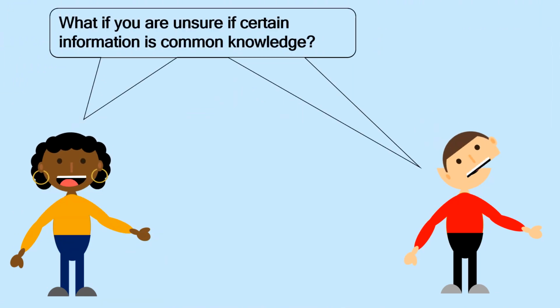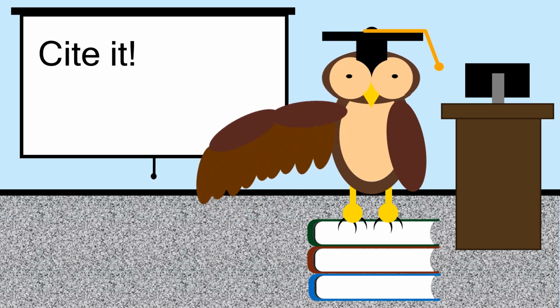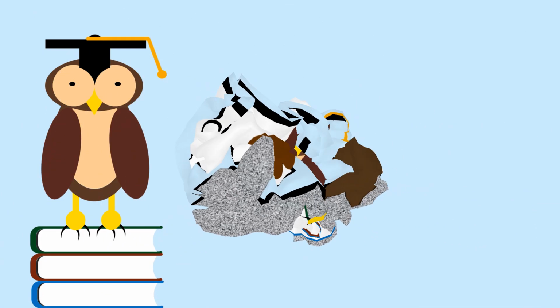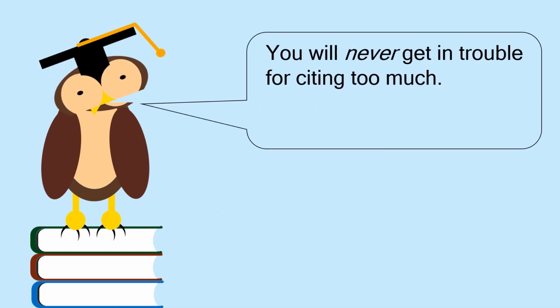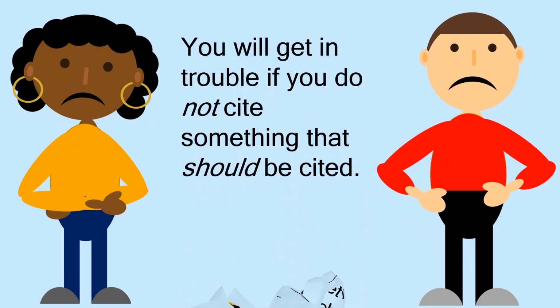A good rule is if you aren't sure if something is common knowledge, then cite it. You will never get in trouble for citing too much. You will get in trouble if you do not cite something that should be cited.